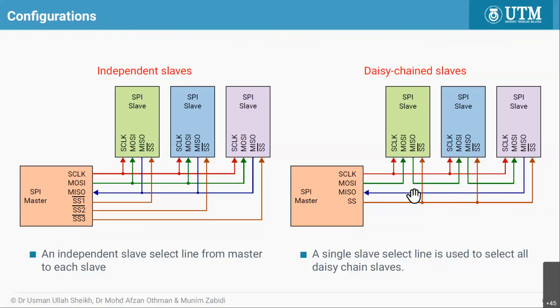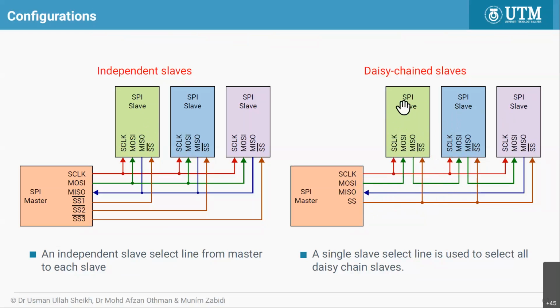It doesn't go back to the master like in the first arrangement. So by using daisy chain, you will save pins on the master. The master now only has to keep 1 slave select pin, but data will take longer to arrive.